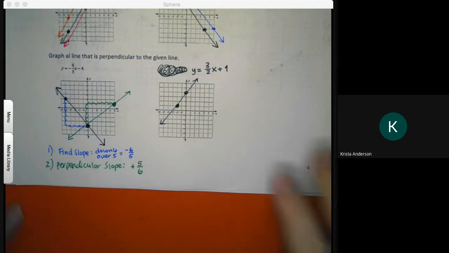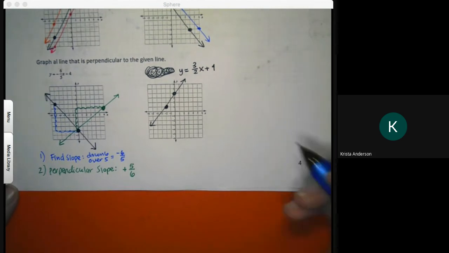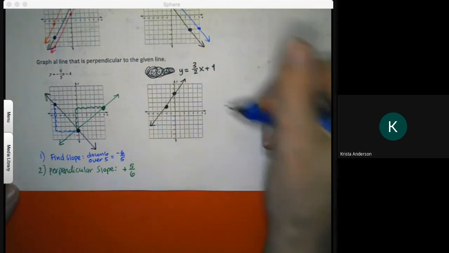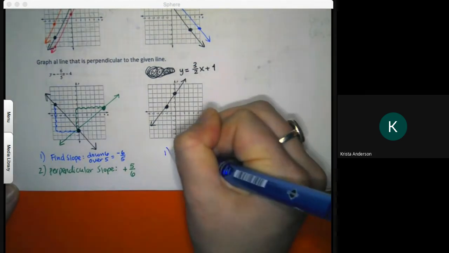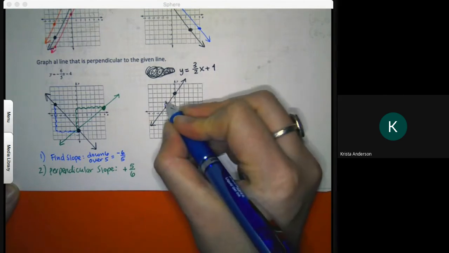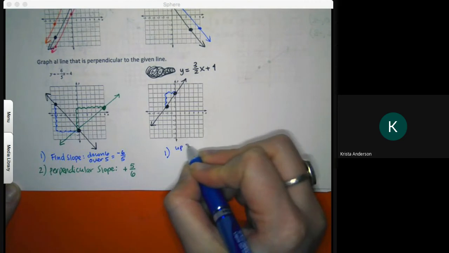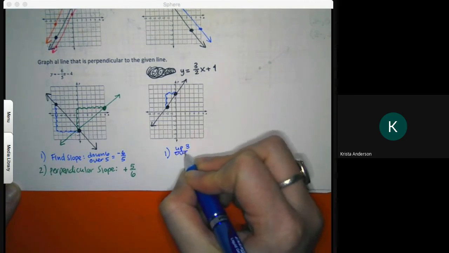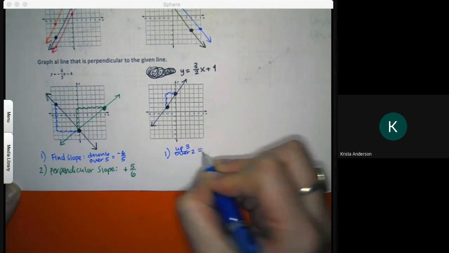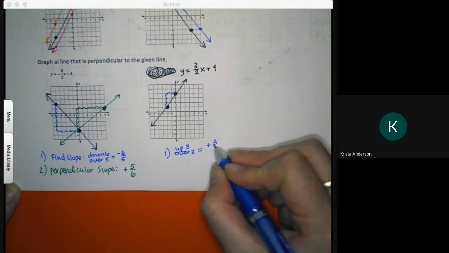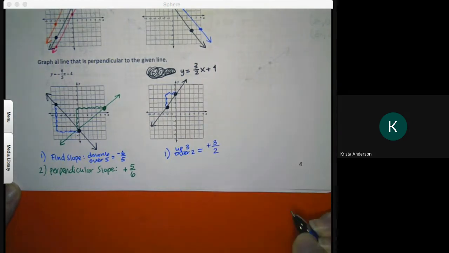So we're going to do it one more time. On this graph, my original line is up 3 over 2, which would give me a positive 3 over 2.